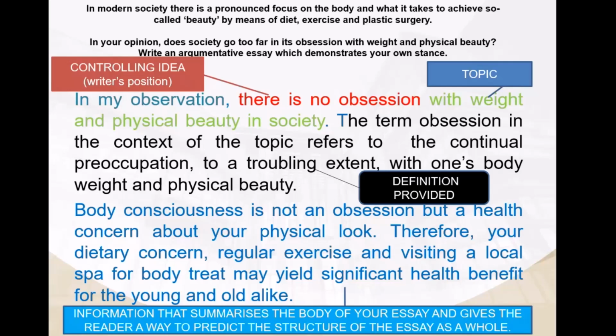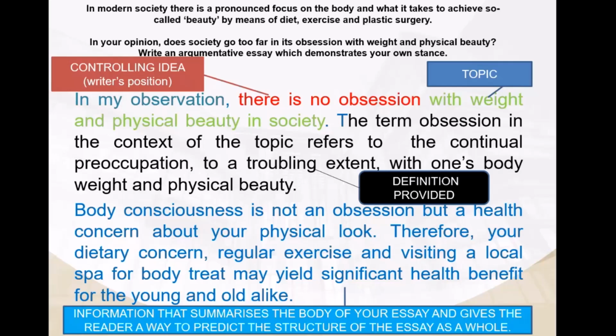The student continues and he writes, the term obsession in the context of the topic. Now, when he says context, it means he defines obsession as used in the topic, or taking the topic into consideration.